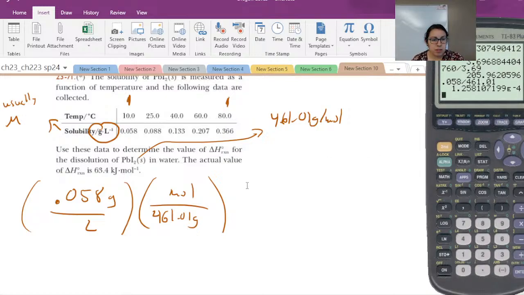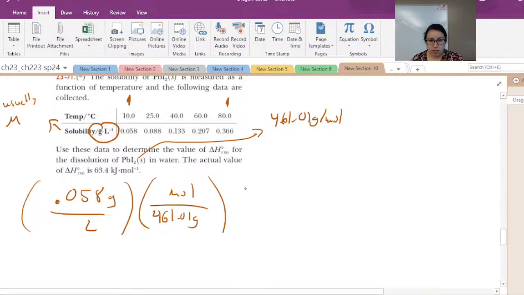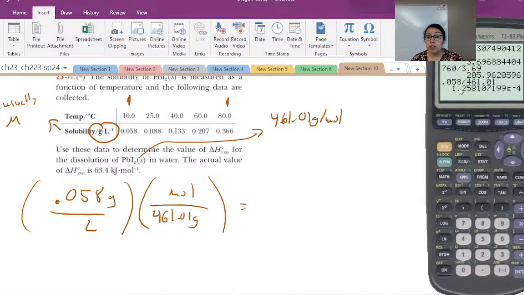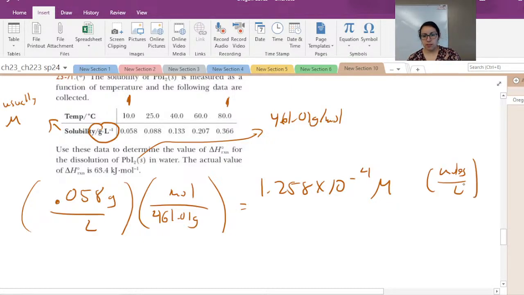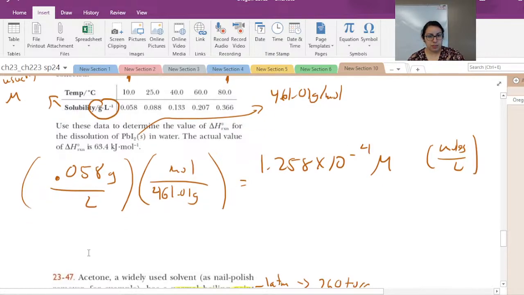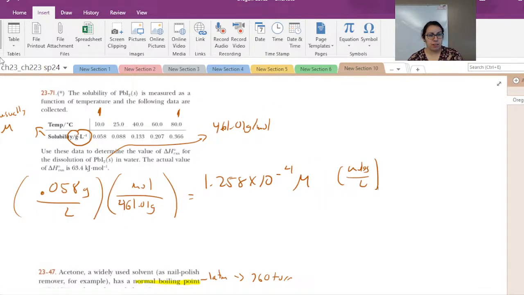And so now this is smaller. So now 1.258 times 10 to the negative fourth. So our solubility, so again, molarity now. Let's change our units, so moles per liter. And let's do the same with our 80 value.